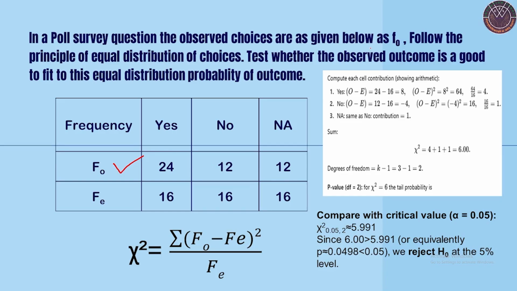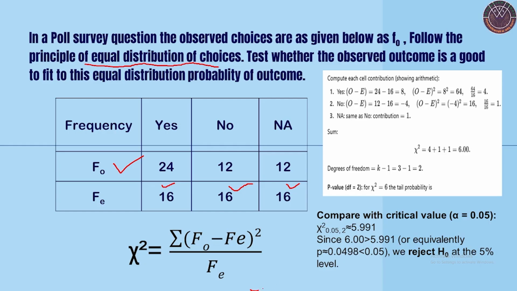Now it says to follow the principle of equal distribution, so the expected outcome should be based on the total of 48 responses. If it is equal, it will be divided into three categories of 16 each.